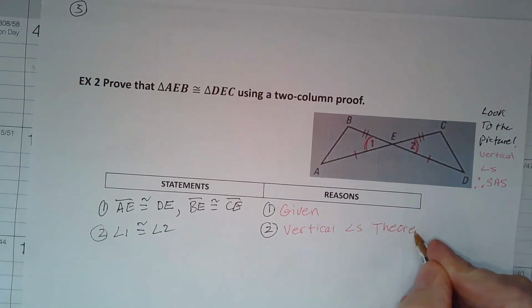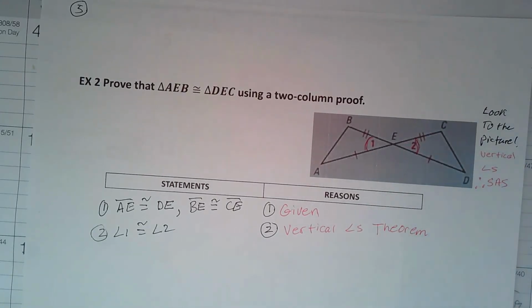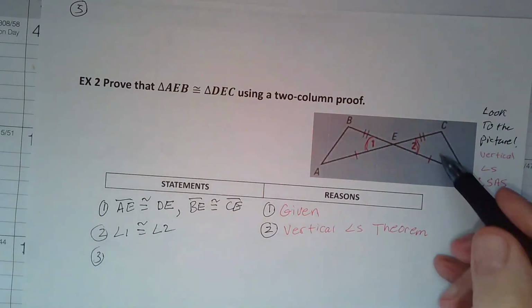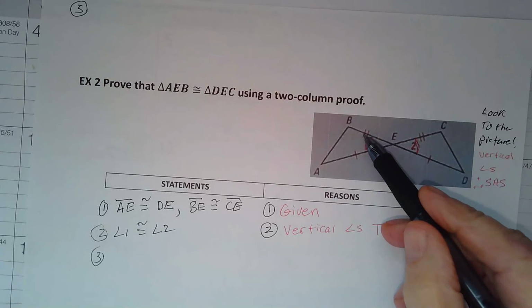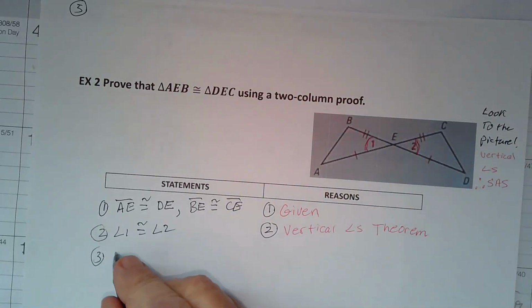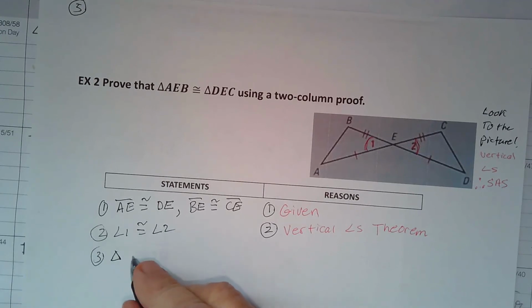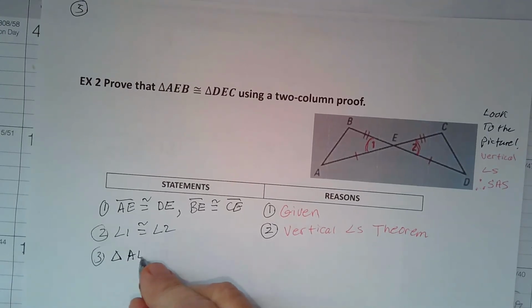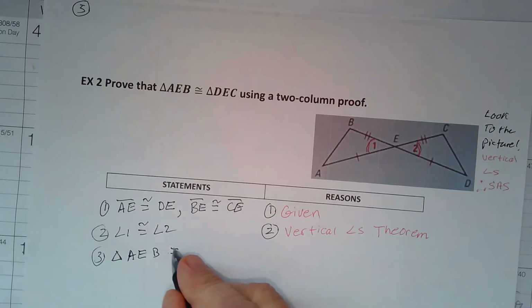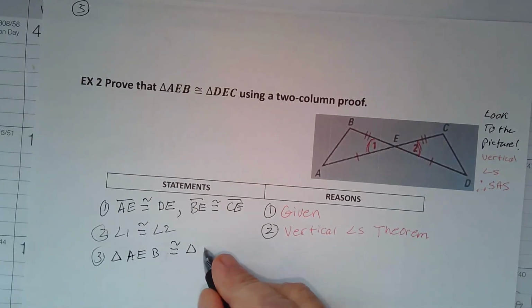And so now we have enough to prove the whole thing. We can say we've got side angle side because we've got those vertical angles. So we can say, therefore, triangle AEB is congruent to triangle DEC.